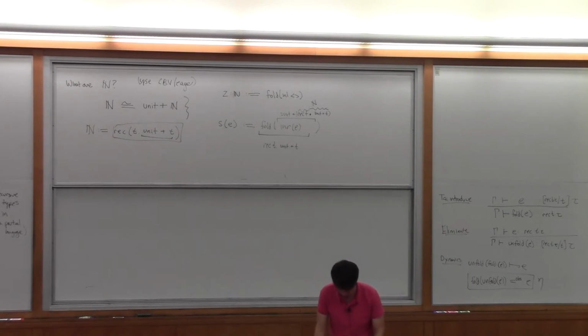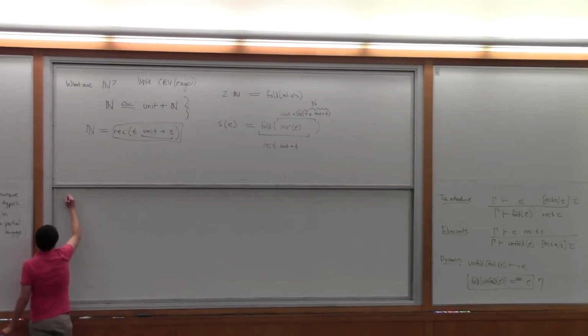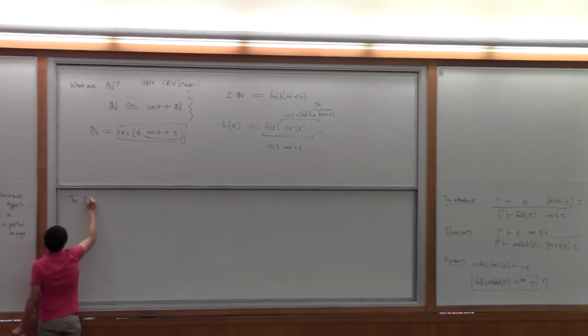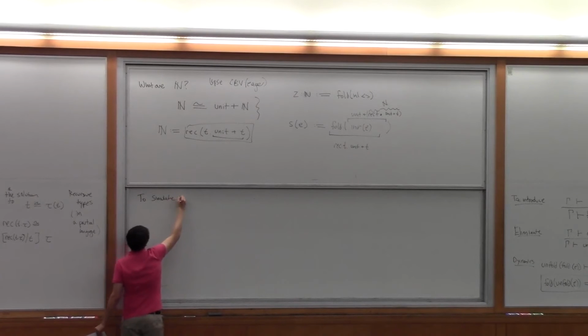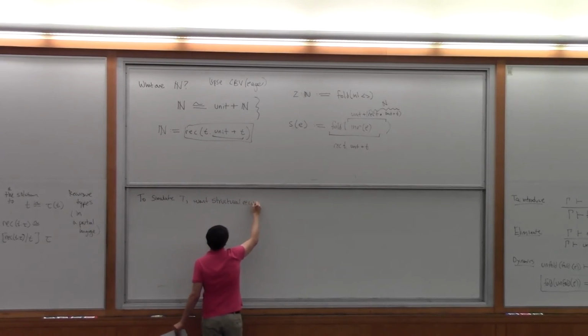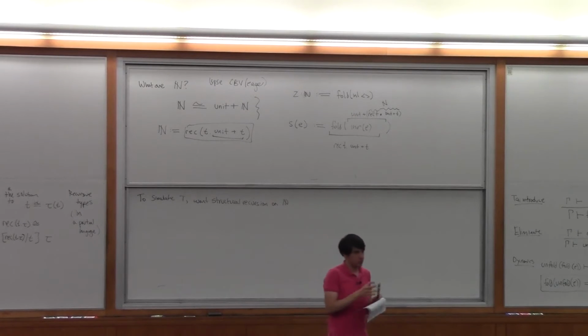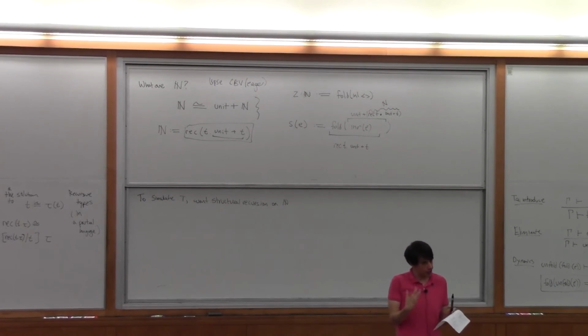What else is missing? Recursion. Okay. So we would want to define, for example, to simulate Gödel's T, structural recursion on n. We didn't just say how to write a recursive function on natural numbers yet.